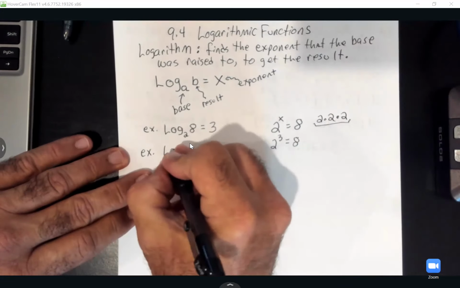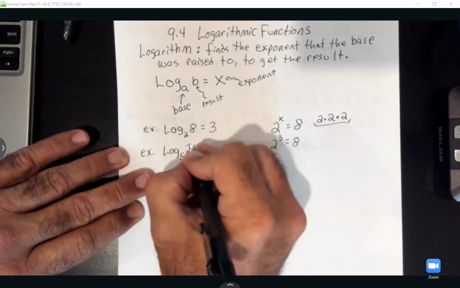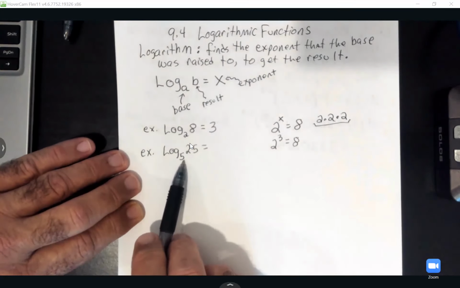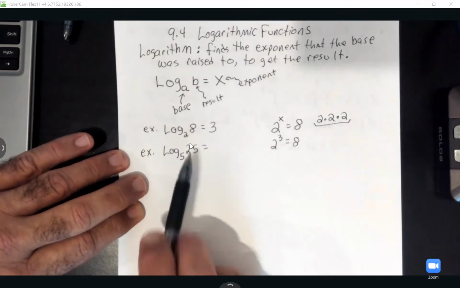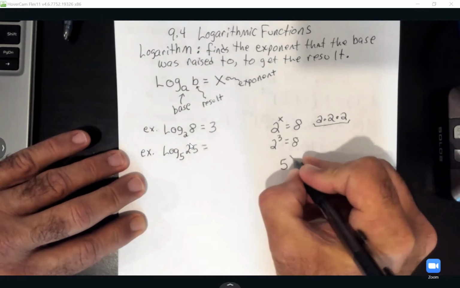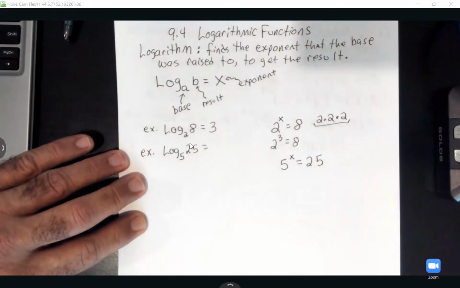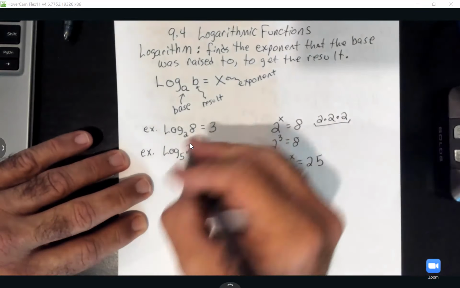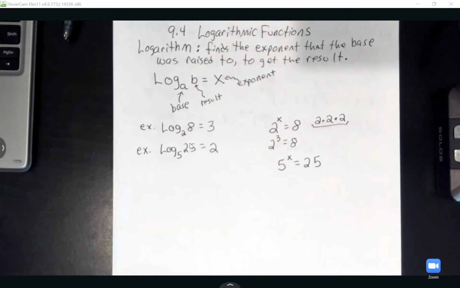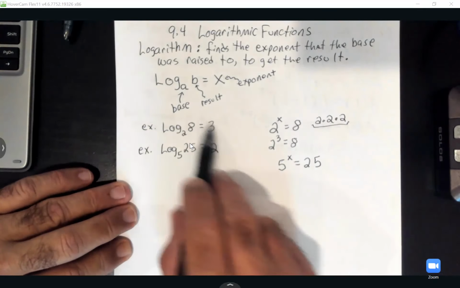Let's try another one. How about a log base 5 of 25? What exponent would I raise this 5 to make it a 25? So 5, the some exponent has to equal 25. What y'all putting? 2. It is definitely a 2. Because 5 times 5, 2 times, is definitely 25. So that's what this lingo means, okay?